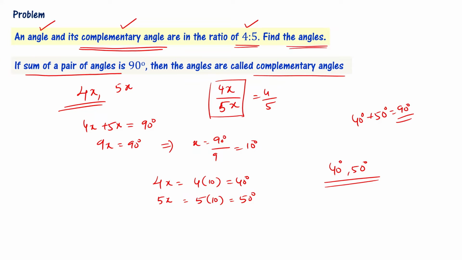So an angle that is 40 degrees and its complementary angle is 50 degrees. They are in the ratio of 4:5, right? For 'find the angles', you have to say that the given angles are 40 degrees and 50 degrees. Got it?